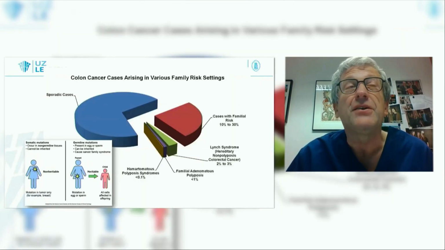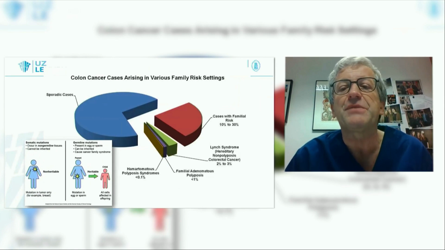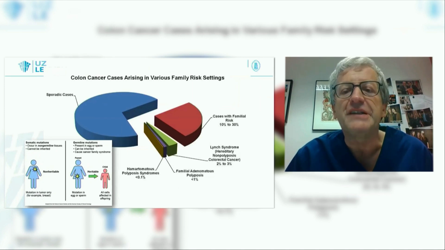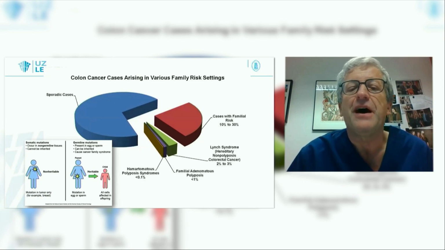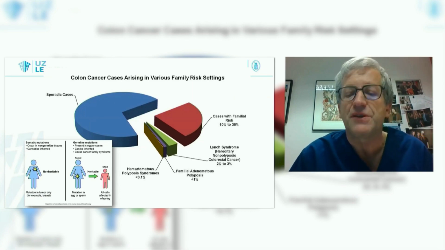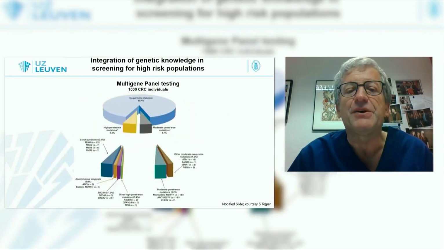Indeed, in colorectal cancer, around 20-25% of patients have either a familial or a hereditary predisposition. The most frequent syndrome is Lynch syndrome, but we also have FAP, hamartomatous polyposis syndromes, and some other rare syndromes.